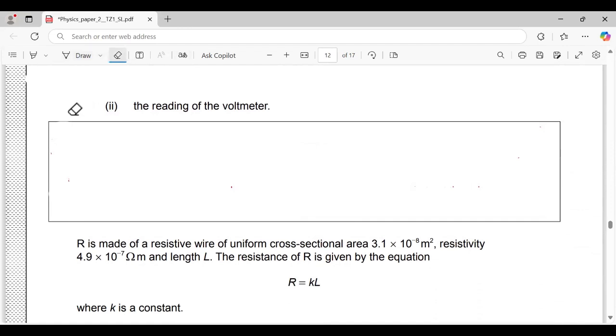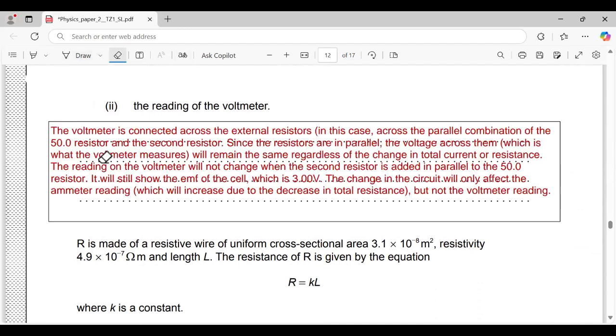I have provided my opinion as well. The voltmeter is connected across the external resistor, in this case across the parallel combination of the 50 ohm resistor and the second resistor R.